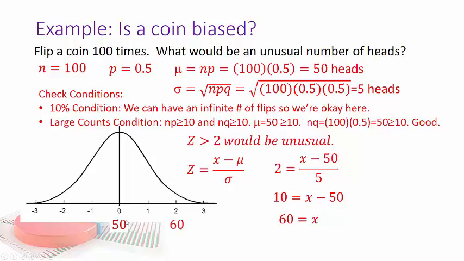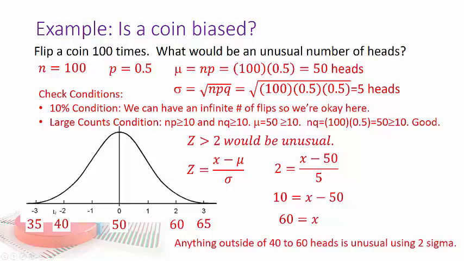If I told you standard deviation is 5, 1 standard deviation, 2 standard deviations, that's 10 away. That would make this 40 and 65 and 35. So anything outside of 40 to 60 heads would be pretty unusual, just using 2 standard deviations or 2 sigma.